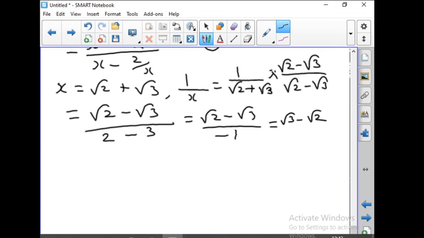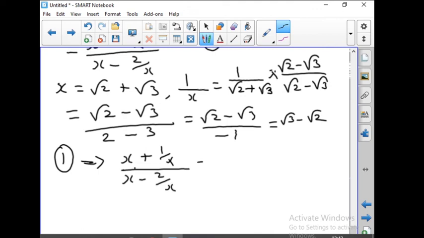So now what is 1 therefore? So what is 1? x plus 1 by x, minus 2 by x. So substitute here. So what is x now? Root 2 plus root 3.